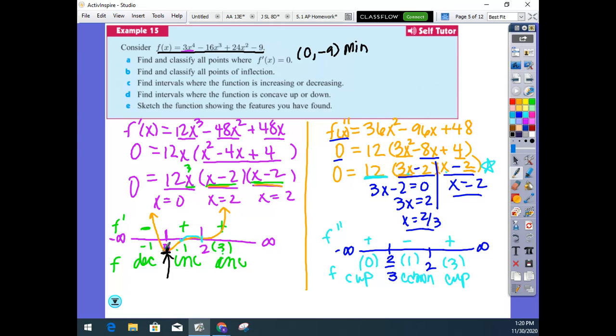There is no maximum because my other spot where I have my 0 slope, this is my stationary inflection point because both f prime of 2 equals 0 and, notice this, f double prime of 2 equals 0. That's going to be a part of letter B. So this is our only minimum. There is no maximum. So we're going to come down and classify.